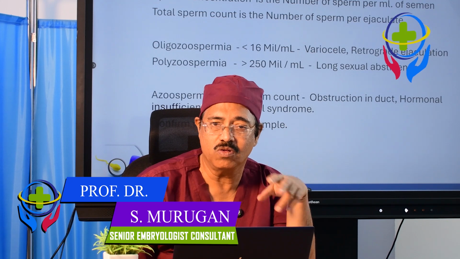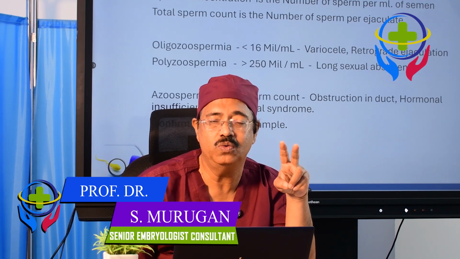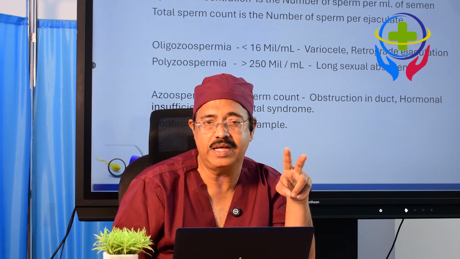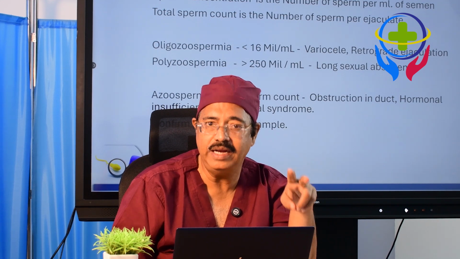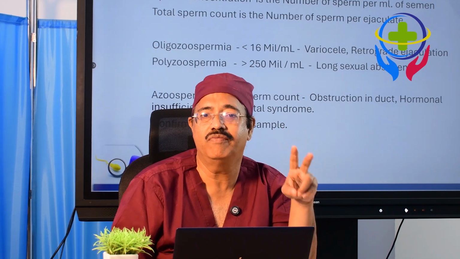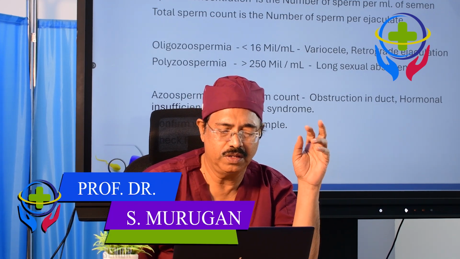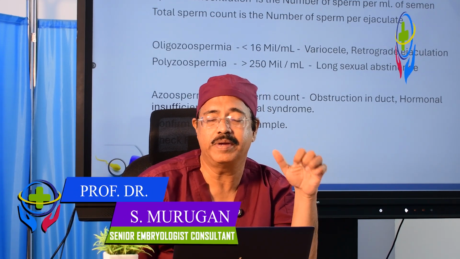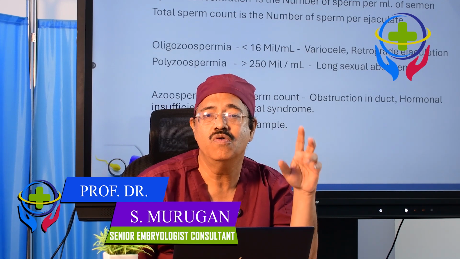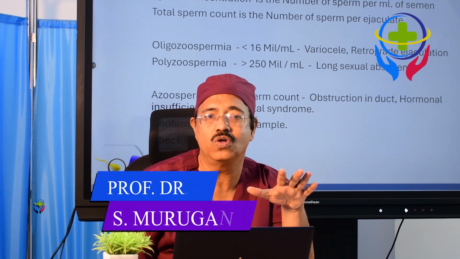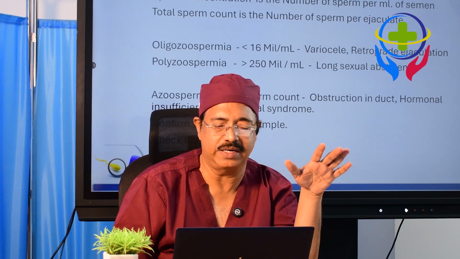For azoospermic condition, we have to do 2 semen tests consecutively and then give the confirmatory report as azoospermia. And in this azoospermic condition, we have to check the fructose level, whether fructose is present or absent.